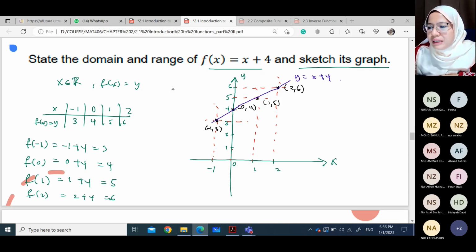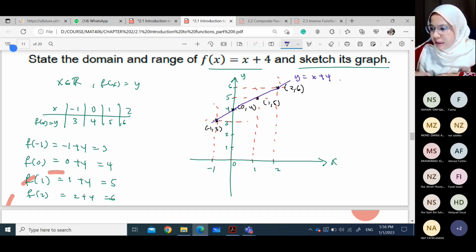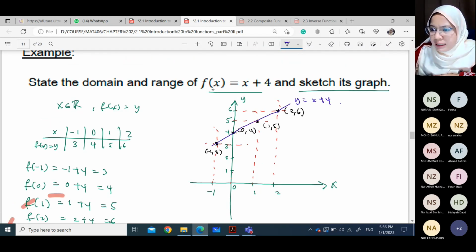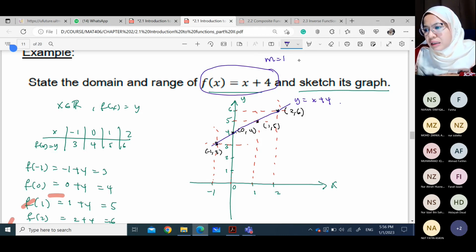Okay, so from this function x + 4, we can identify its slope. So m is 1, because for a linear straight line, the equation is y equals mx plus c.